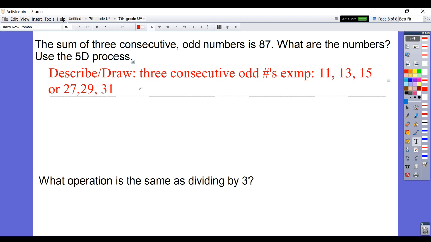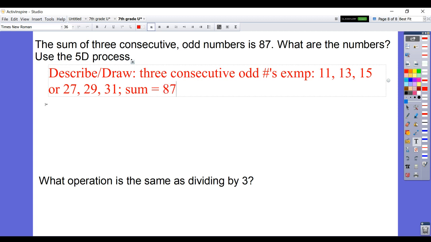That type of thing, right? So the idea is that they have to be 3 consecutive odd, meaning the next odd and then the next odd. That's considered consecutive odd, right? And then, of course, the sum has to equal 87.